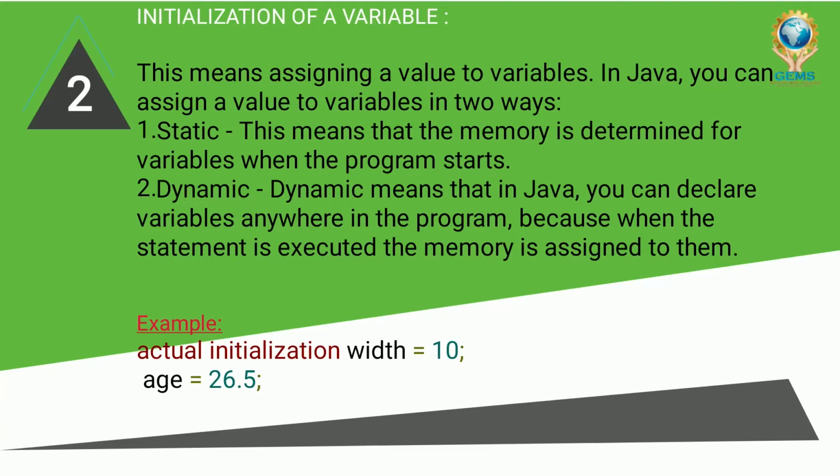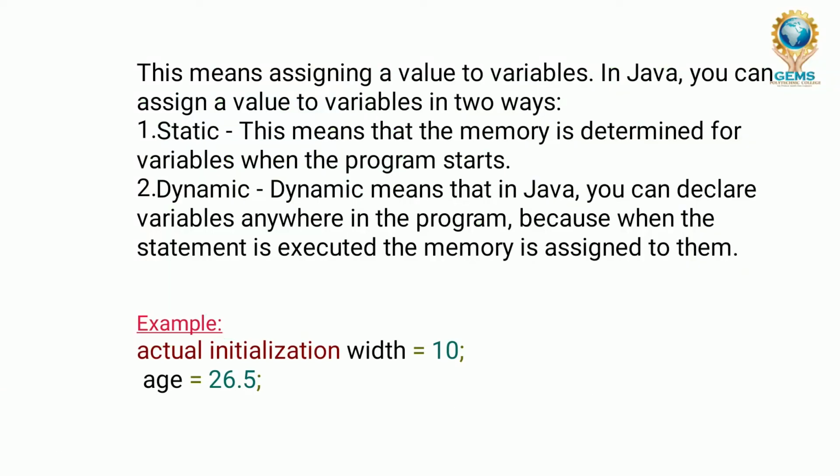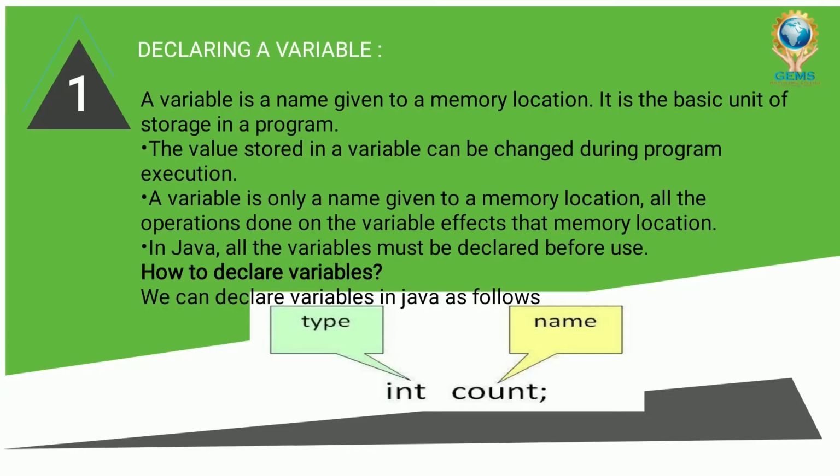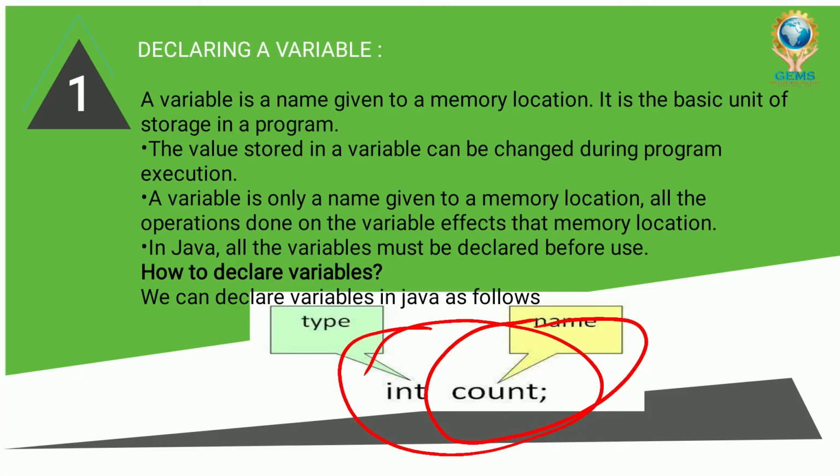Previously we declared the variable int count. That is called declaration, not assigning a value. Int count semicolon, look at here: int count is a variable declaration.